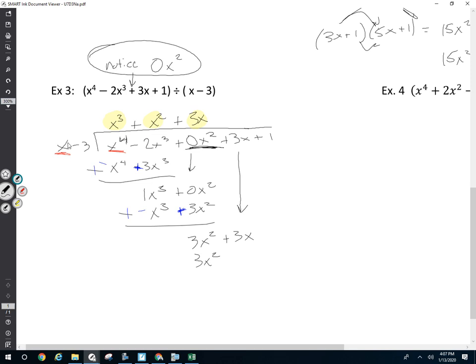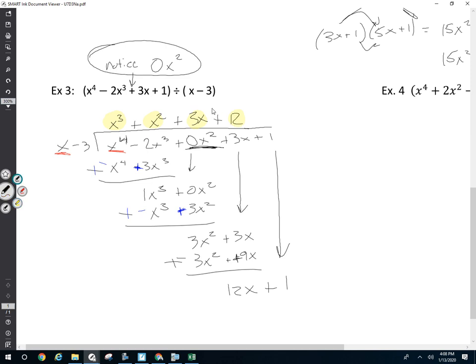When we subtract those, they are going to be gone. 3x times negative 3 is negative 9x. Subtract these. That's plus a negative. This turns into plus a positive. This turns into 12x. Bring down the 1. What's the last thing, Mr. Clark, that goes up there? What goes up here? 12.